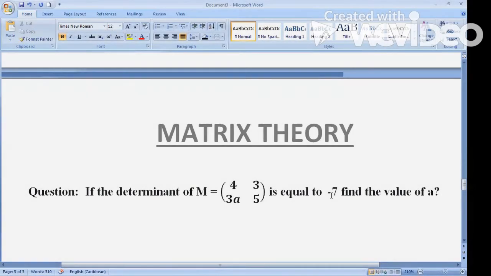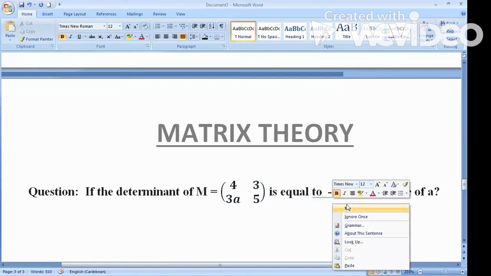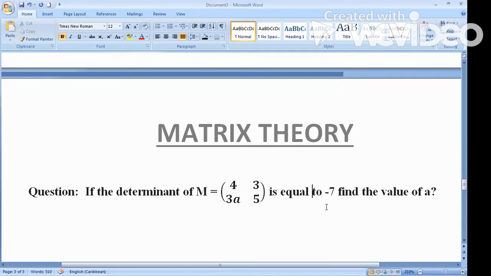All right. Now, what can you infer from the statement about the type of matrix this is? Is it singular? Right, it's non-singular. Why is it non-singular?